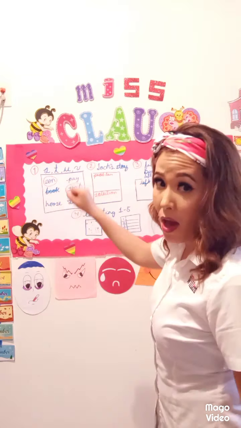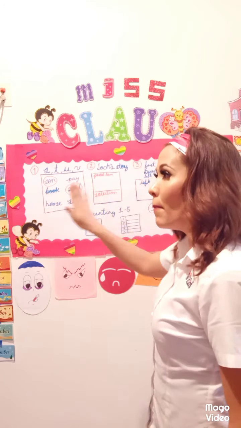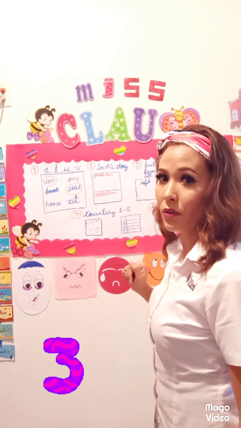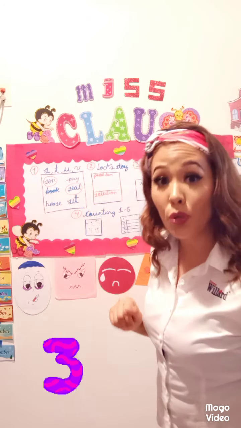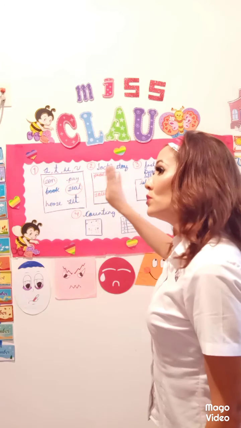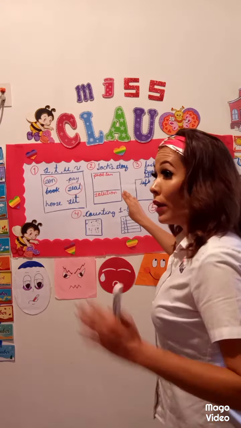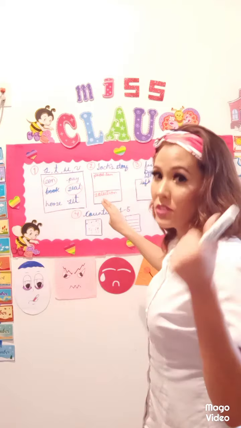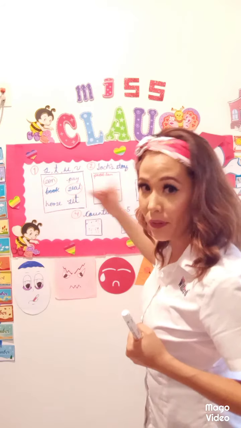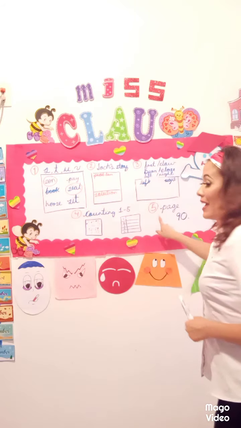For example, if we have number 3, they must draw 3 circles or glue 3 circles, okay? And they must count 1, 2, 3. Okay, you have 3 now? Yes, I have 3, so the next number, okay?